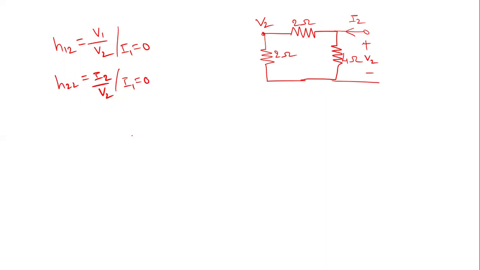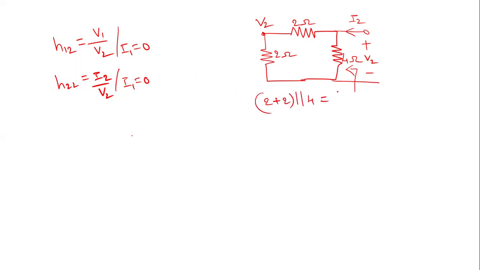If you find the resistance at the output terminals, these 2 ohms and 2 ohms are in series and this combination is parallel with the 4 ohm resistor.